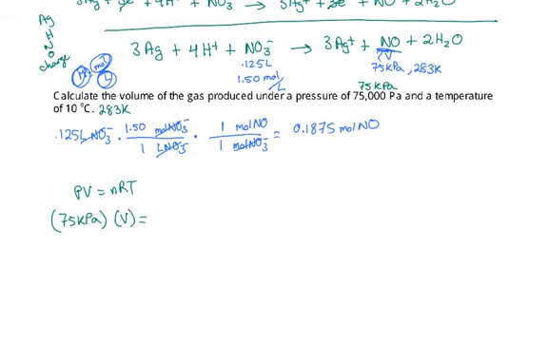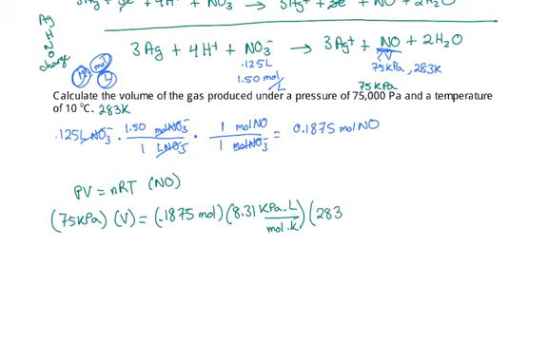And n is 0.1875 moles, and again, this is for NO gas. R, because our pressure is in kPa, we're going to use 8.31 kPa times liters over mole Kelvin. And my temperature is 283 Kelvin. And so my volume is going to be equal to 5.88 liters.